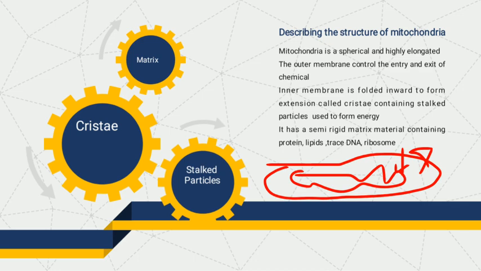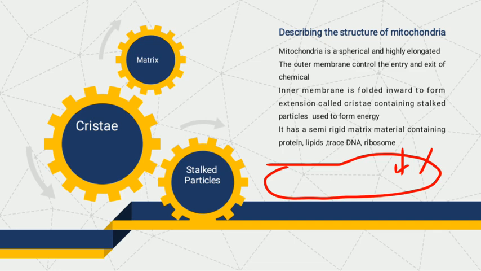The mitochondria also have a semi-rigid matrix containing proteins, lipids, and some DNA, as well as what? Ribosomes.